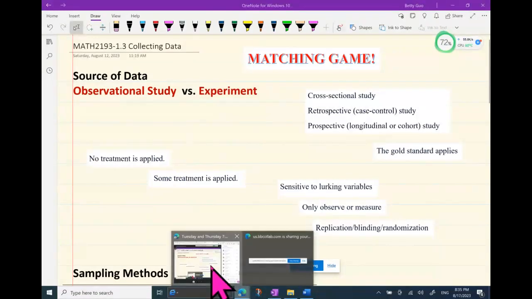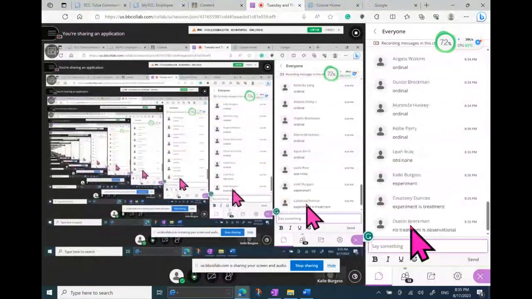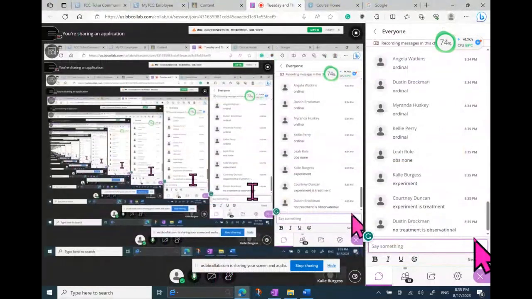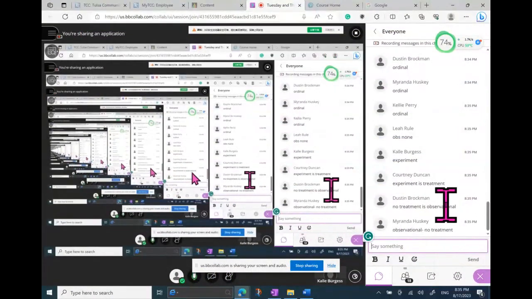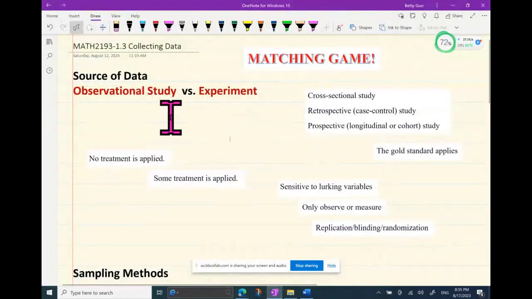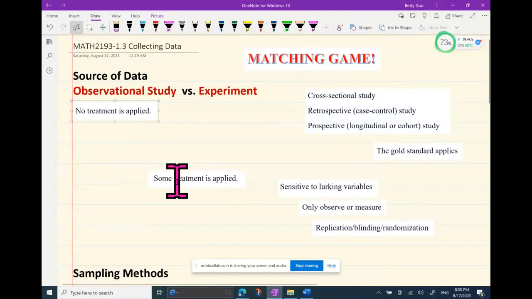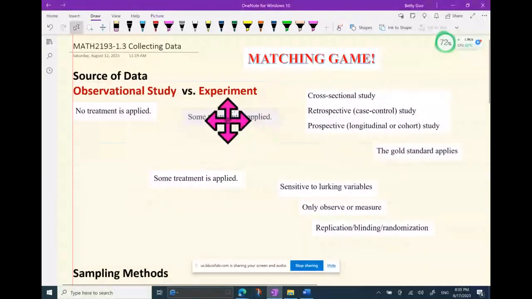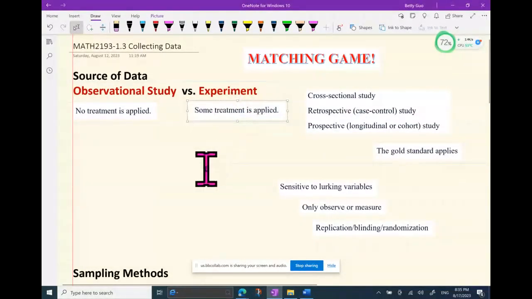Just a guess. Experiment, treatment. Observational, no treatment. If you think about the name observational study, you just observe, right? No treatment, exactly. That's the main difference between the two sources of data.